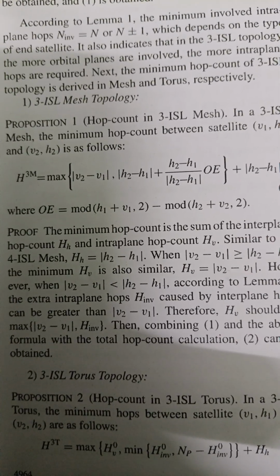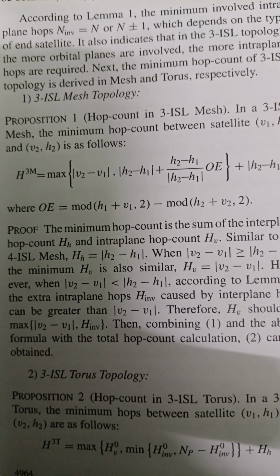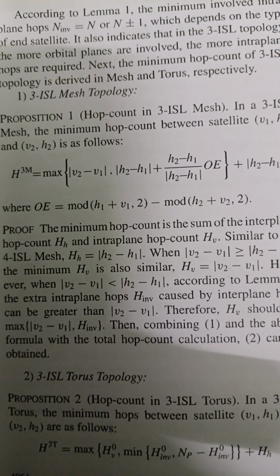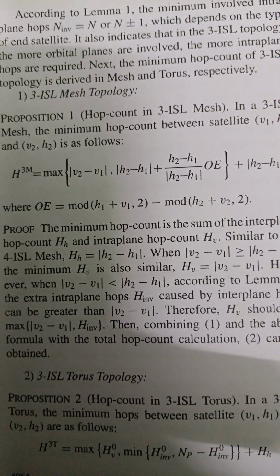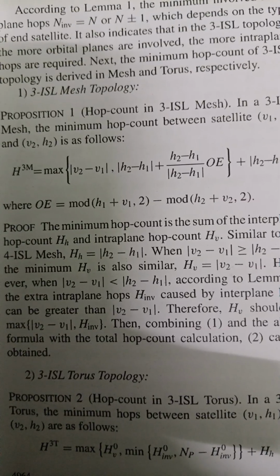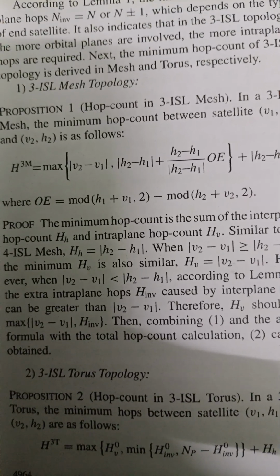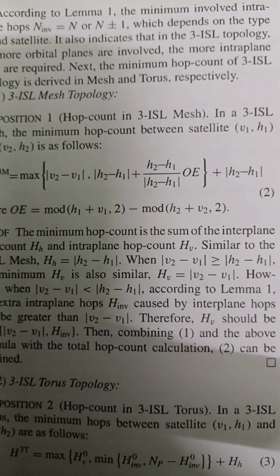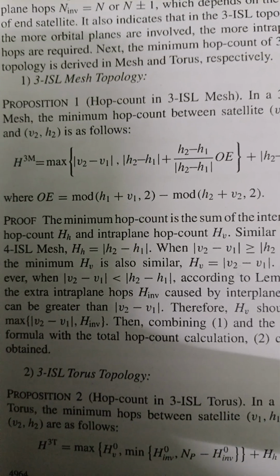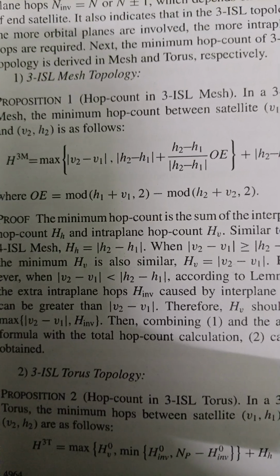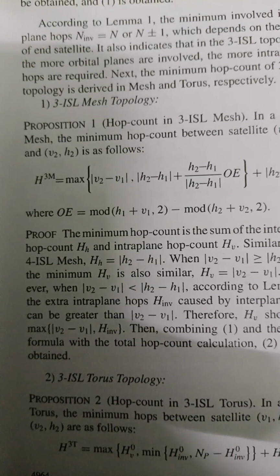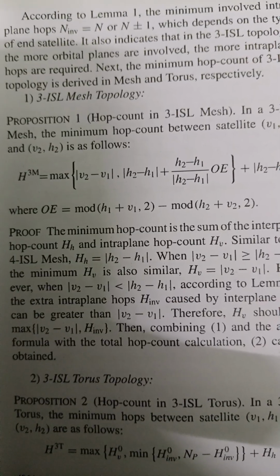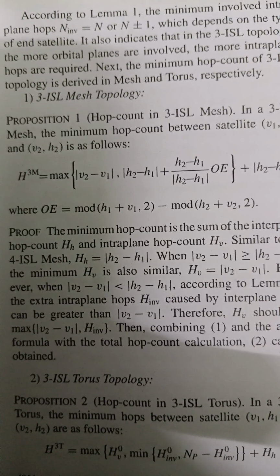H_3M is equal to the max function of |V2 minus V1| and |H2 minus H1| plus |H2 minus H1| divided by (H2 minus H1) into OE plus |H2 minus H1|, where OE is equal to the modulus of (H1 plus V1, 2) minus the modulus of (H2 plus V2, 2).